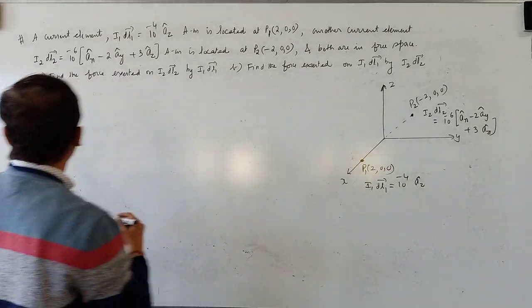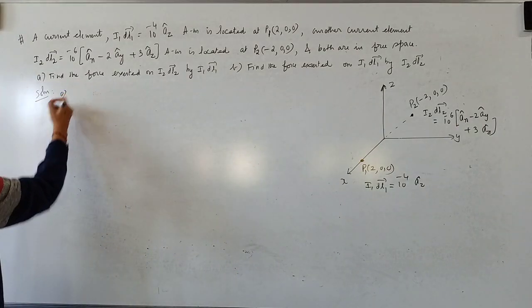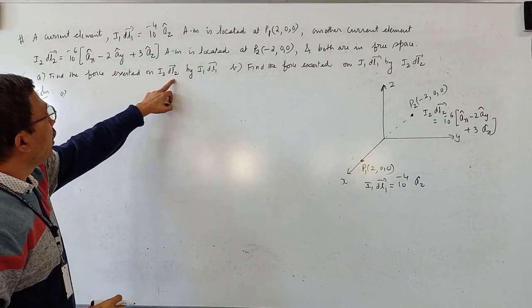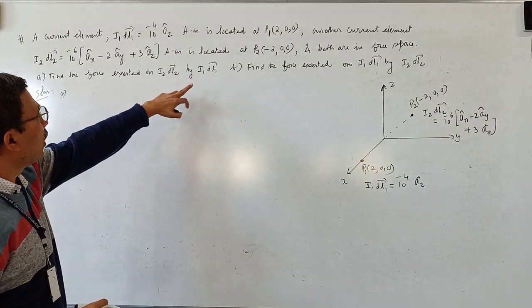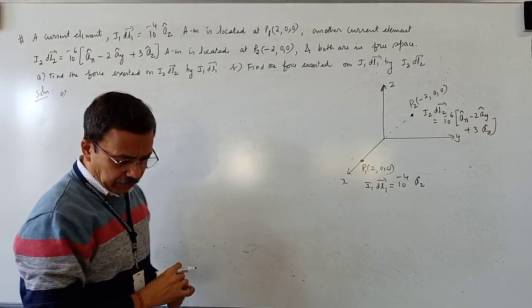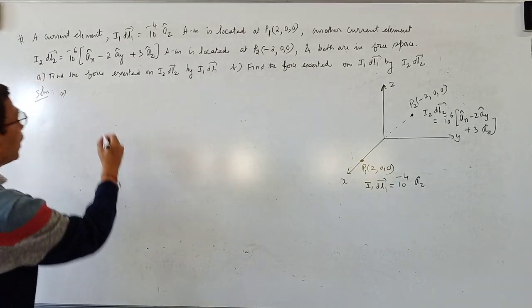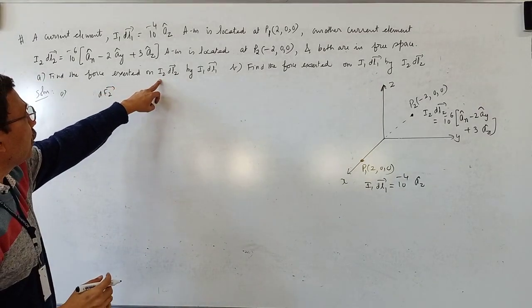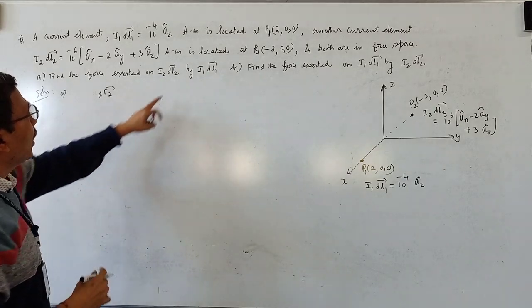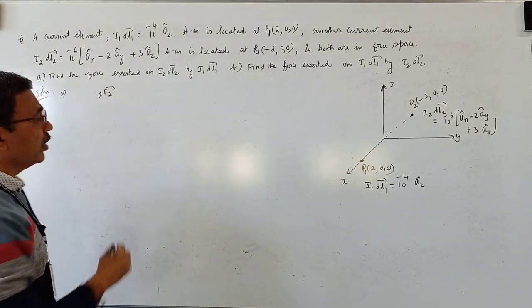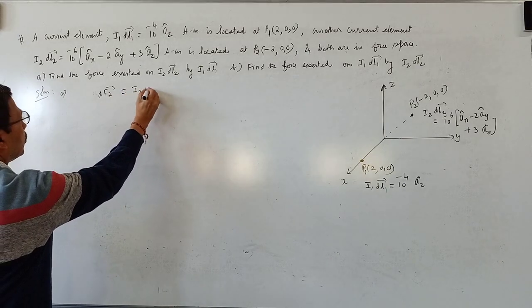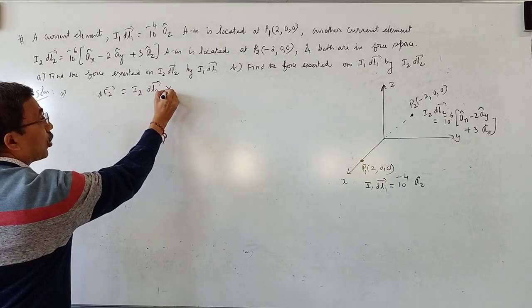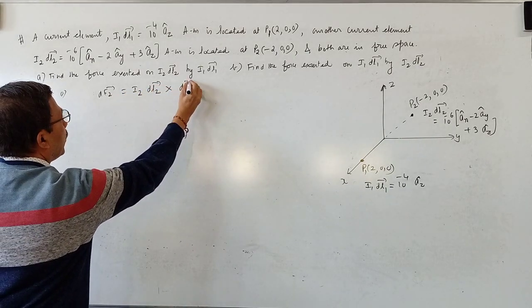Okay, I will do now part A. Find the force exerted on I2 dl2 by I1 dl1. Correct? So this is given by the formula: vector dF2, the force exerted on I2 dl2 by I1 vector dl1, is equal to I2 vector dl2 cross vector dB1.